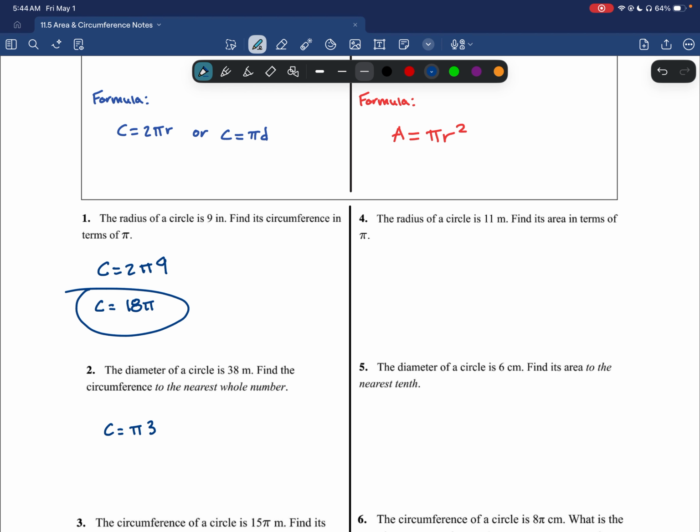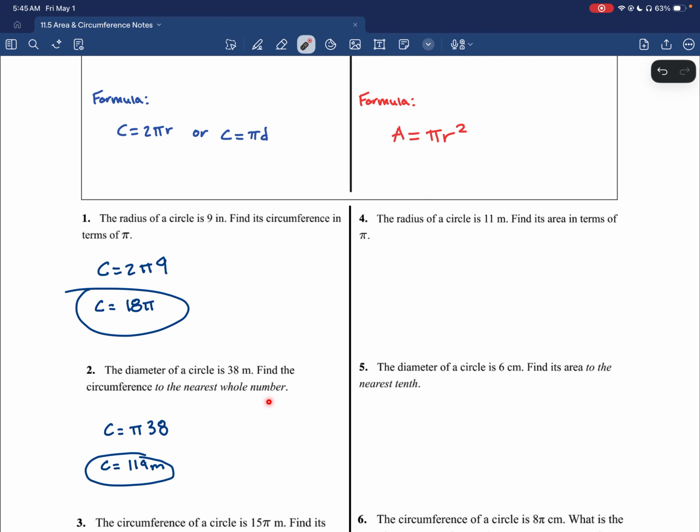So pi times 38. It wants this rounded to the nearest whole number, so I want it without pi included. I'll plug that in my calculator, and when I do, I get 119 meters if I round to the nearest whole number, like it asks.